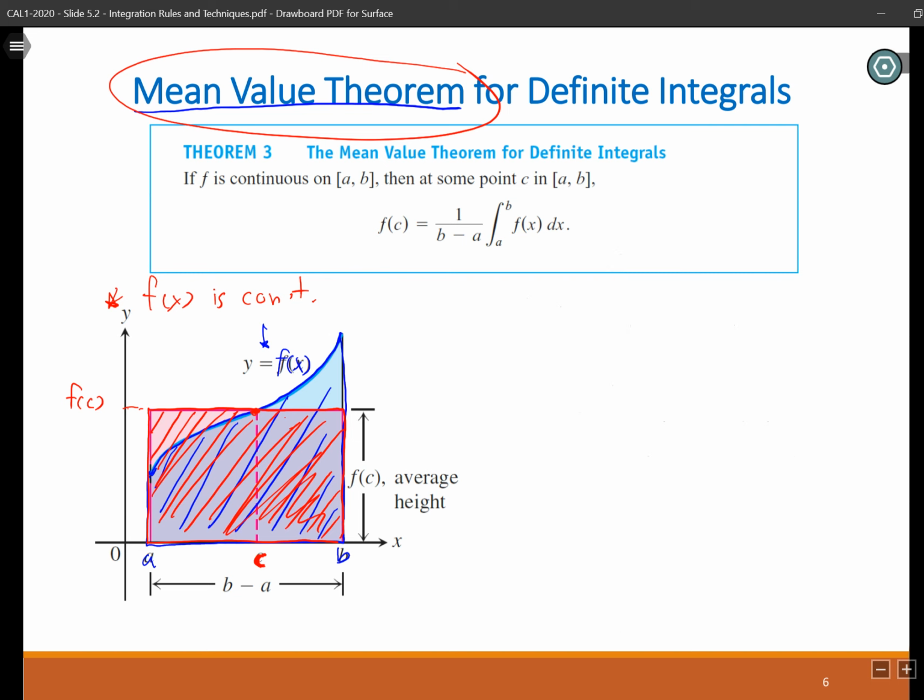The most common use of this theorem is for finding the average value of a continuous function f(x) over a range, from a to b. a is the starting point and b is the end point.